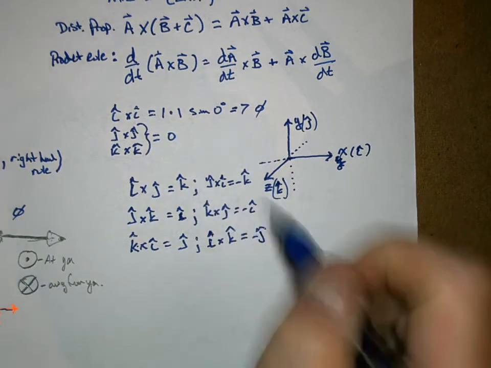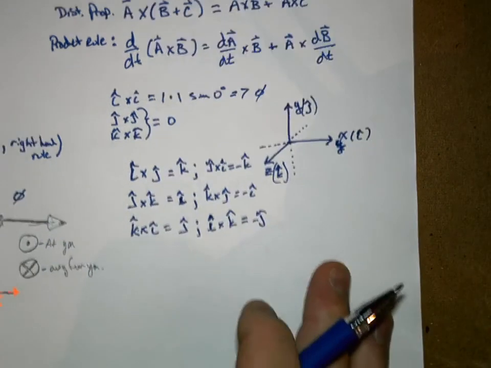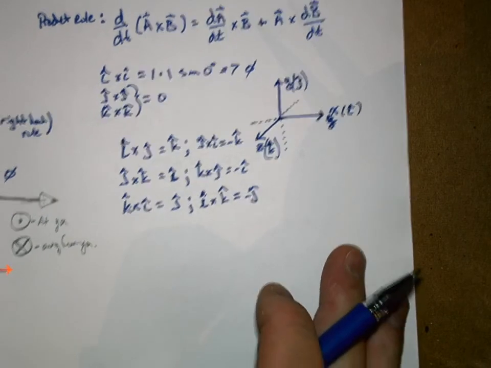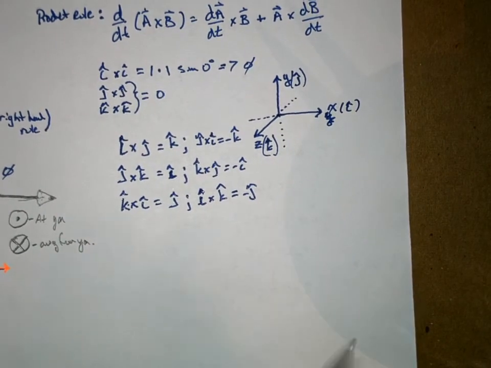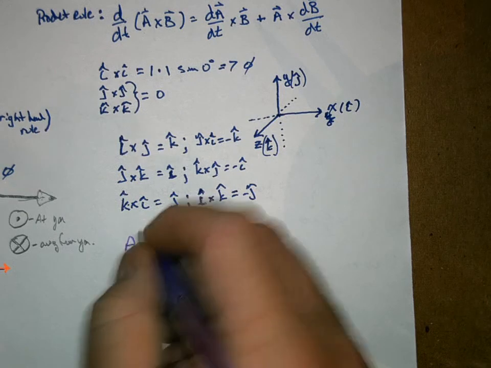But then, if we're going to cross two vectors, we have vector A. Okay, we're going to do A cross B here.